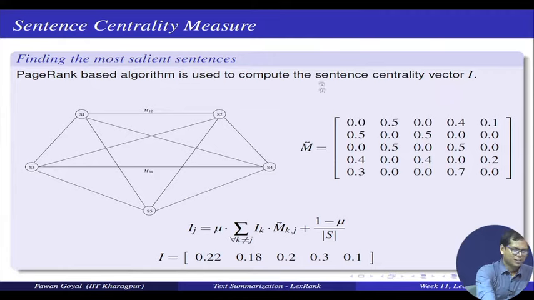If there are n sentences in my document, I have a matrix of size n cross n that stores how similar each two sentences are. Now once I have constructed this matrix, I want to apply a PageRank kind of algorithm to compute the informative score for each node. So I want to compute the sentence centrality vector I, and I has as many elements as the number of nodes. I will have a score for each node, and the node that gets the highest informative score has the highest PageRank, or is the one that is selected first.